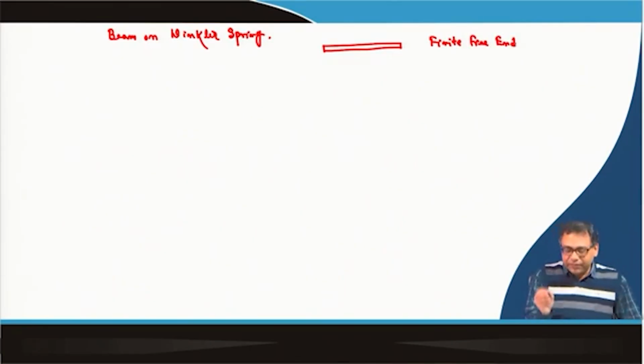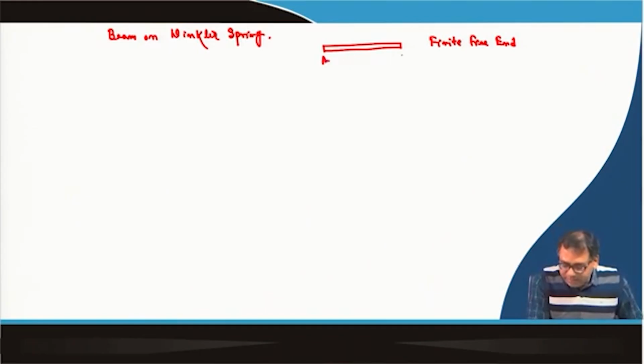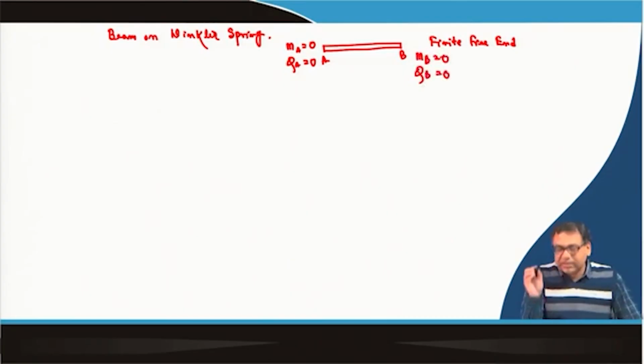Both the ends are free ends. So, I can write this is point A, point B. So, moment at A will be 0 and shear force at A will be 0. Again moment at B will be 0 and shear force at B will be 0, because it is a free end beam.